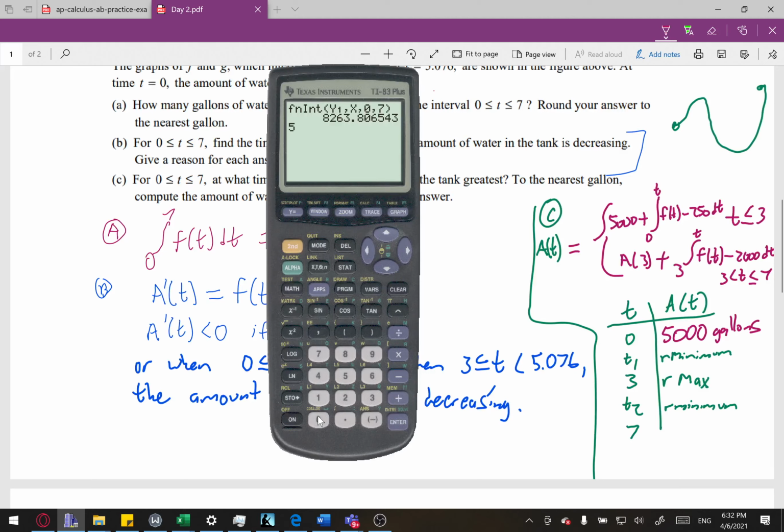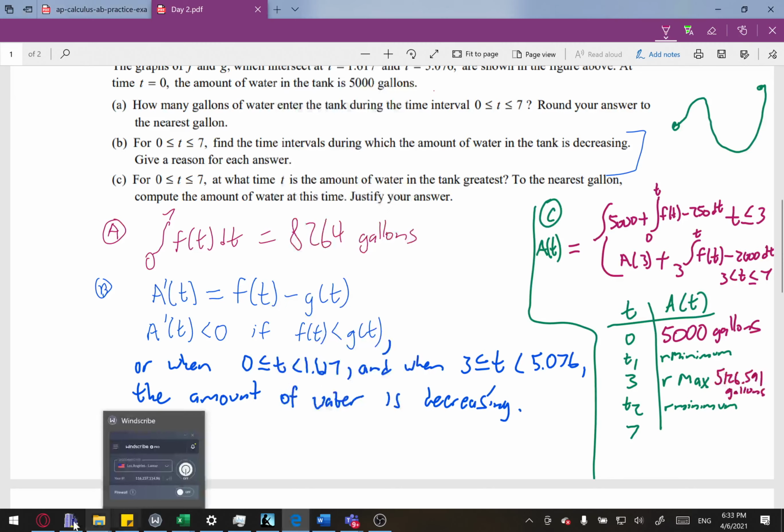Okay, so I've got 5,126.591. And that's also my amount at 3 that I'll need for the next equation.